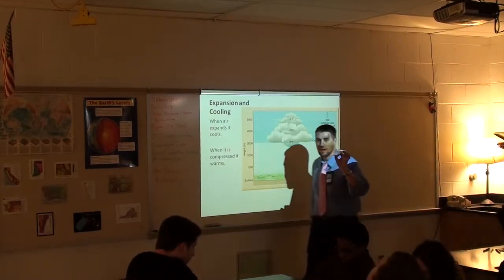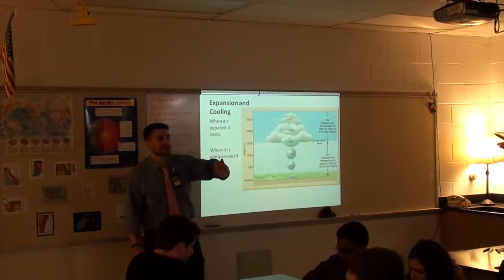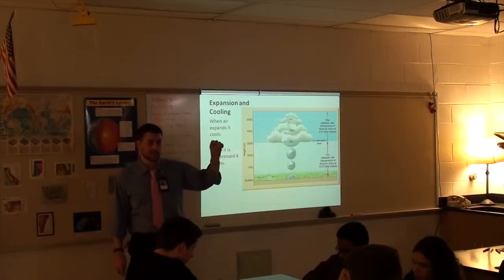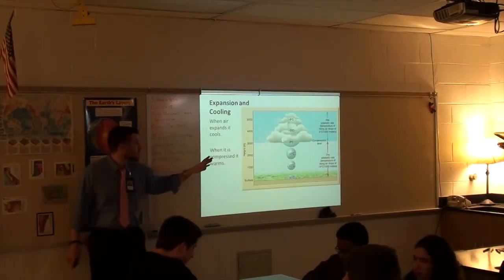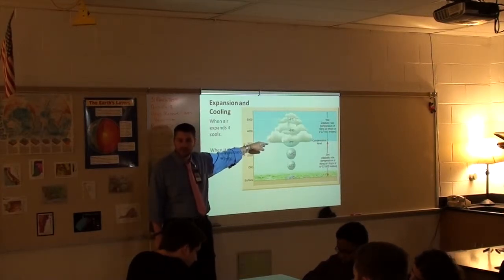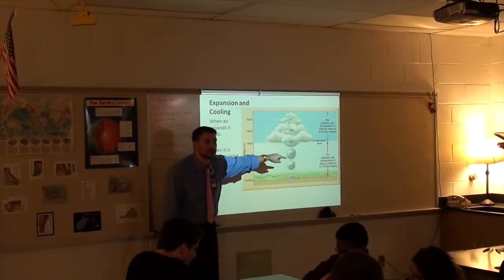Now, have you ever noticed, looking at the sky, driving down the road, pretending that that cloud really is a bunch of cotton candy that you could eat, that the bottom of the clouds are almost always flat? Has anyone ever noticed that? Yeah. Okay, guess why they're flat?